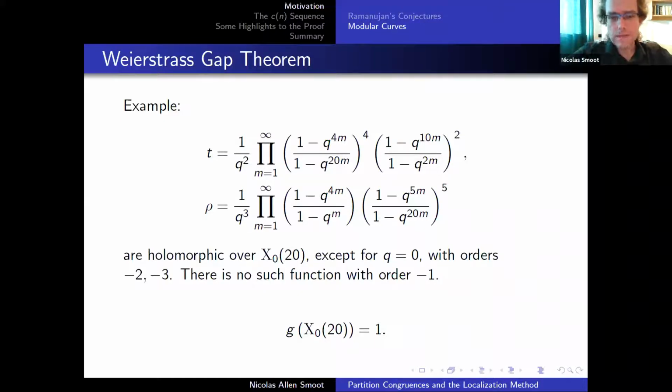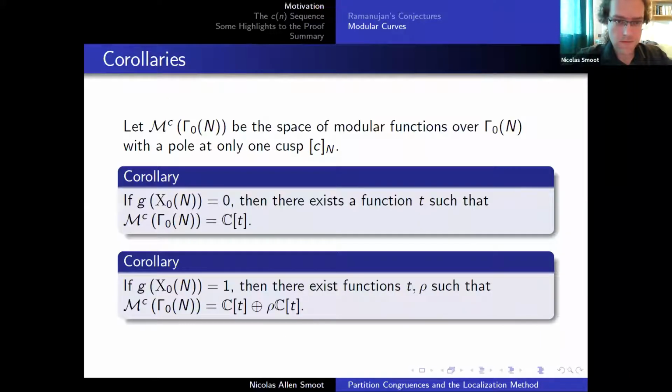So this is useful because it gives us some restrictions on the analytic functions we're allowed to work with, and the algebraic structure of the spaces of those functions. In fact, that's the big thing I want to look at here. Let M_C(gamma 0(n)) be the space of modular functions over gamma 0(n) with a pole only at one cusp, C, where C is either a rational number or infinity.